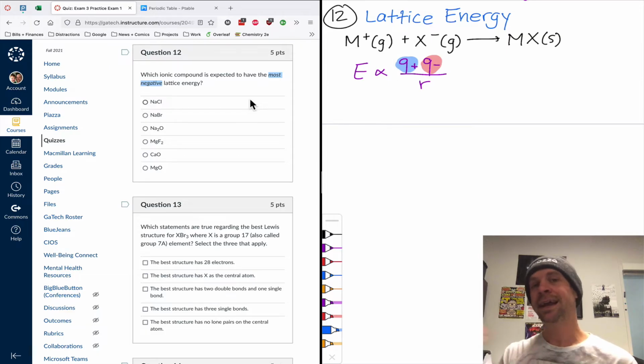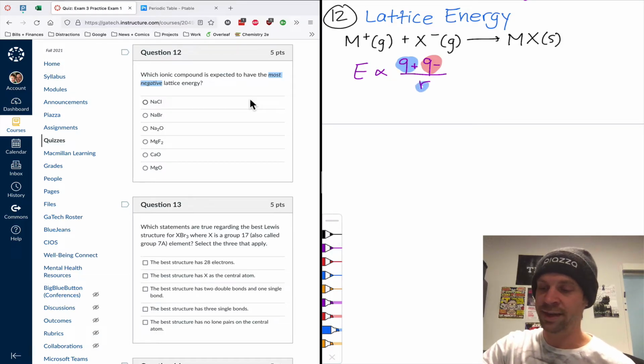For example, increasing the magnitudes of the charges, going +1 to +2 to +3, is going to make lattice energy more negative, more exothermic, in a systematic way. Decreasing the size of the ions, moving those centers closer together, decreasing R, is also going to make the lattice energy more negative.